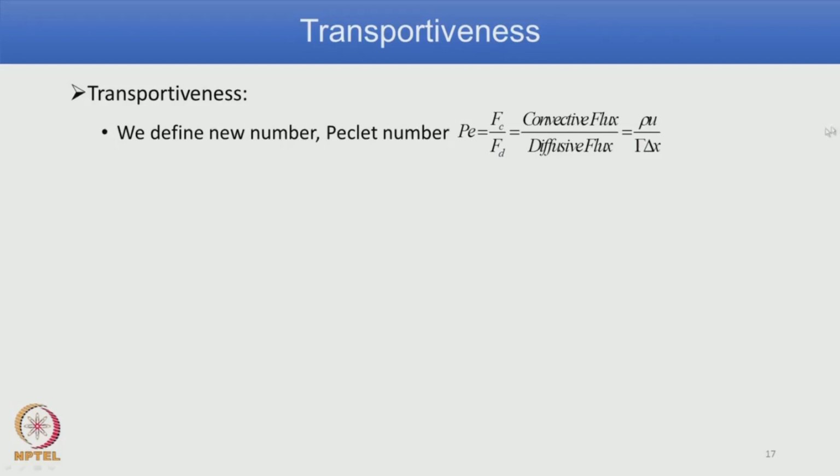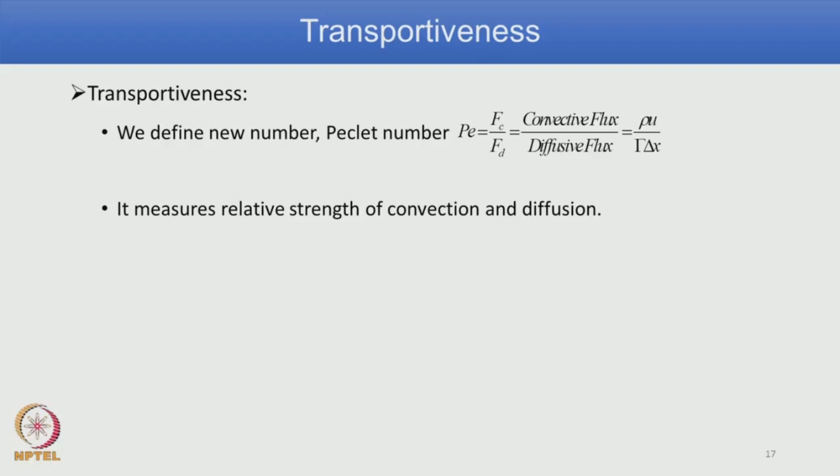For diffusive flux, gamma is the diffusion coefficient and delta x is the distance. The ratio of convective flux to diffusive flux is what is known as the Peclet number. It measures the relative strength of the convection term and the diffusion term.